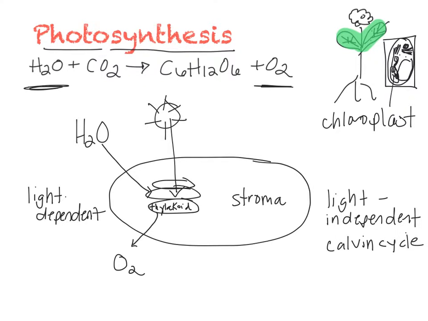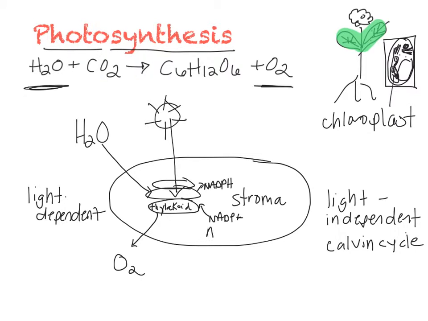So what happens to these hydrogens? Well, these hydrogens have to get over to the stroma, but in order to do that, they need a carrier molecule called NADP+. NADP+ goes to the thylakoid, picks up that hydrogen, and becomes NADPH. So the first thing we do with the energy from the sun is use it to split a water molecule.